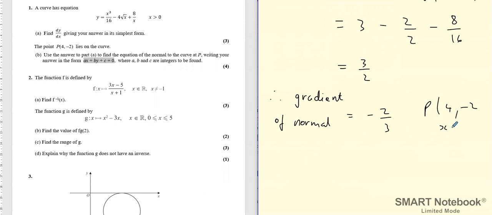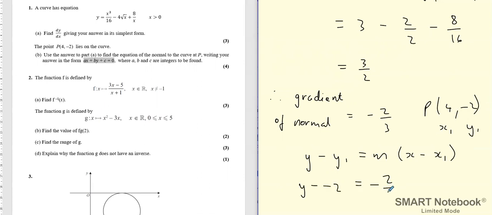We can label this x1, y1, and then we're going to use the equation of a straight line. So y minus y1 equals m times x take away x1. So y minus minus 2 equals minus 2 over 3 times x take away 4.